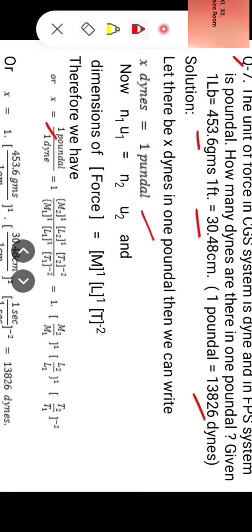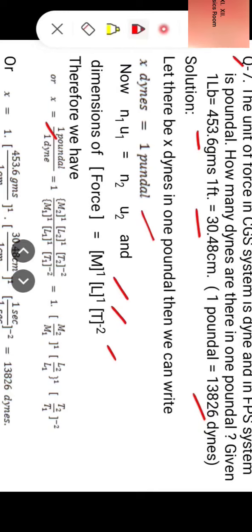Now we take up the equation N1 U1 equal to N2 U2. The dimensions of force are 1 in mass, 1 in length, minus 2 in time. We substitute the values of 1 poundal and 1 dyne.